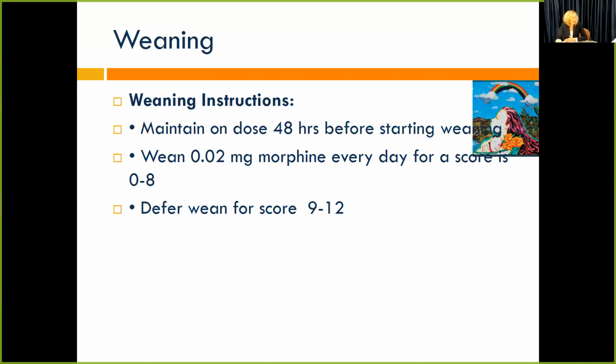If we find that she needs a little bit quicker weaning, like she's sedated, we certainly can go a little faster, but it's about daily. So when we come in for rounds, we usually will make that change for the baby. So we want her scores to be ranging from 0 to 8. And if her score is 9 to 12 or greater, then of course we don't do the wean. If it's greater too, we could also consider escalation.